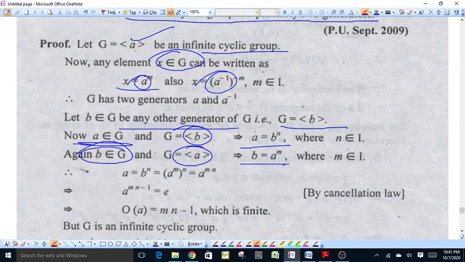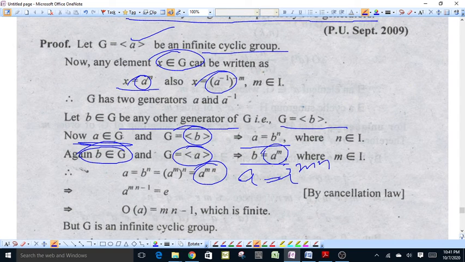Now a is equal to b raised to power n, but b is equal to a raised to power m. Therefore a is equal to b raised to power n, which is a raised to power m raised to power n, that is a raised to power mn.